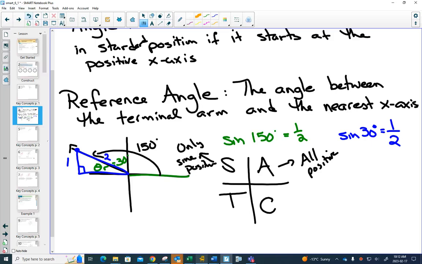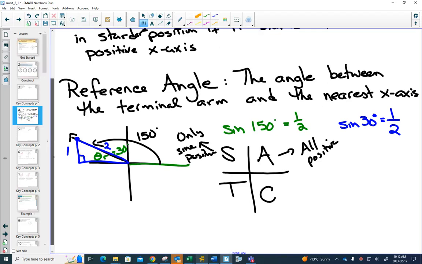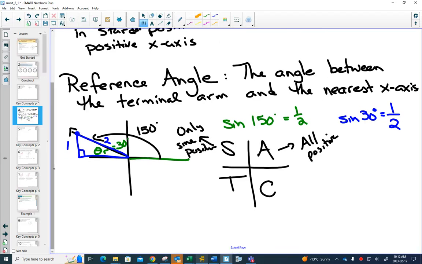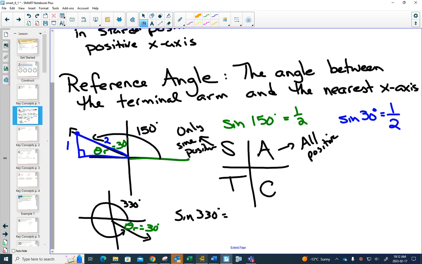So what that allows us to do is, since we already know sine of 150 is 1/2, if I want to say I'm drawing 330 degrees, this would still have a reference angle back to the nearest x-axis of 30 degrees. And if I go to my calculator and type in sine of 330 degrees, I will also get 1/2, but this time I will get negative 1/2 because it's in quadrant 4.